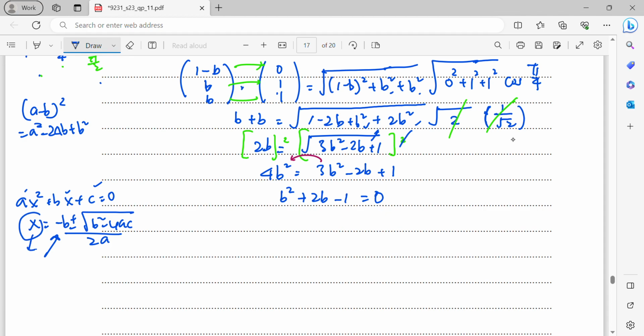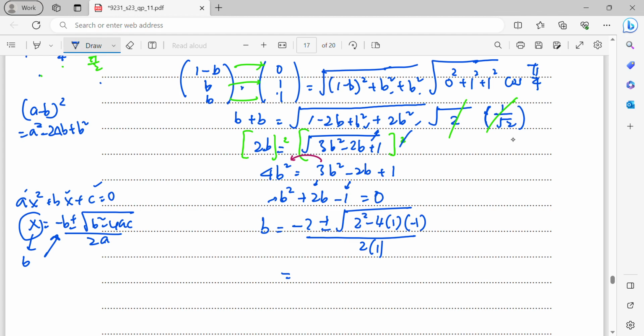My x becomes b in the equation. So I will write b equals minus 2, the coefficient of b, plus minus square root of 2 squared minus 4, the coefficient for b squared is 1, multiplied with the constant, which is minus 1, then over 2a, where a is the coefficient for b squared, which is 1.